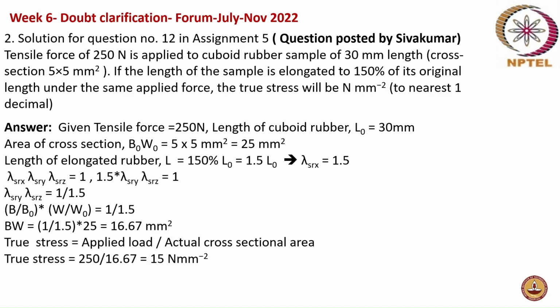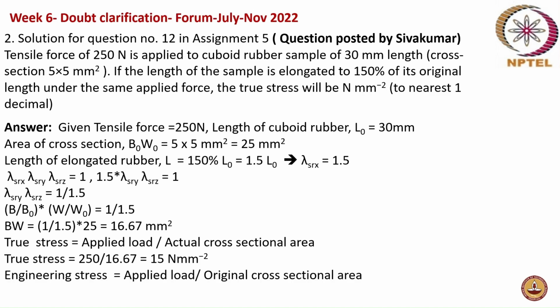Your applied load is 250 Newton and your actual cross sectional area, which is the new cross sectional area, is 16.67. So you will end up with true stress as 15 Newton per millimeter square. Whereas if engineering stress is asked, then it is applied load by original cross sectional area. This is 250 by 25, right? You will end up with 10 Newton per millimeter square.